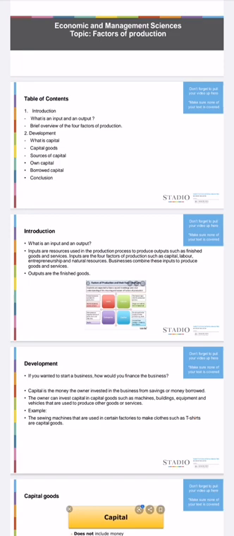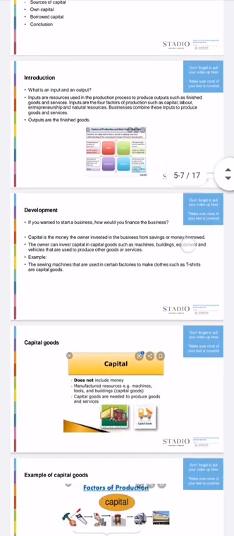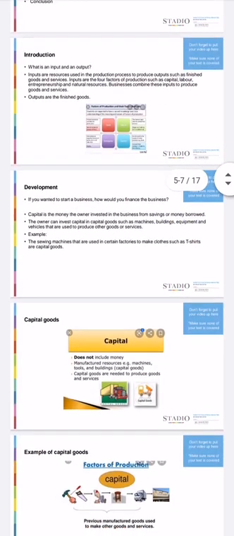If we go to the next slide, the introduction slide, I would like to begin this topic by posing a question to stimulate critical thinking. What is an input and what is an output? Inputs are resources used in the production process to produce outputs such as finished goods and services.